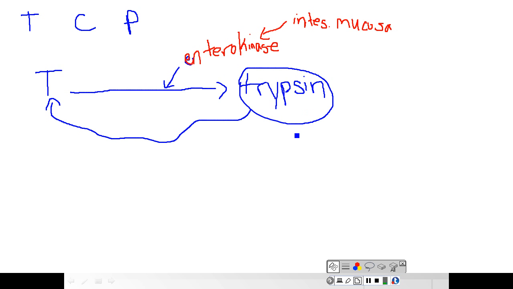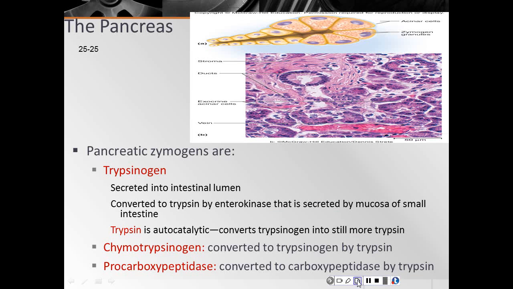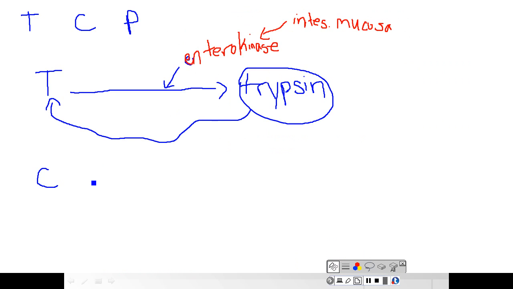What else does it do? The second pancreatic zymogen, which is our C, the chymotrypsinogen, and it converts the remaining two zymogens into other factors that play a role.